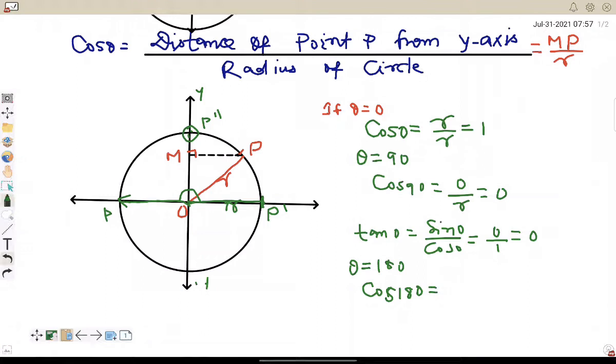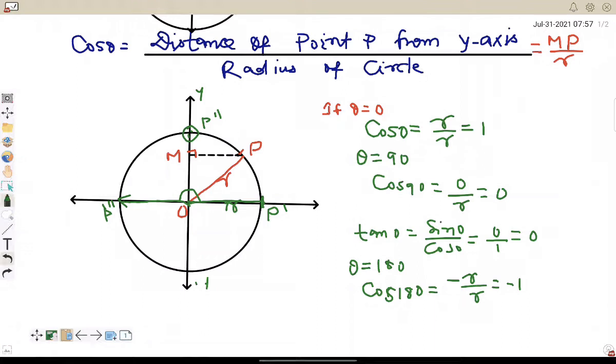So we can write minus r here, because from the origin this P triple dash distance lies on the left side. So minus r, and this distance is r, so the complete value is equal to minus 1. So we can easily apply the basic definition of sin theta and cos theta in any question and we can easily find the value. This is the advantage of this.